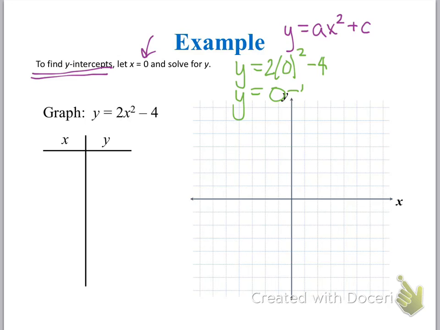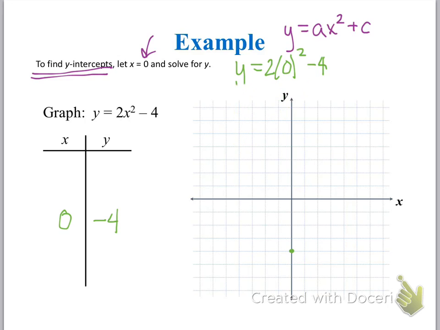Y equals 0 minus 4, so y is negative 4. So I know that when I have a 0 for x, it is negative 4. Okay? And that is a y-intercept, a place where it connects with the y-axis. So 0, negative 4 is going to be 1, 2, 3, 4 right there. That's the y-intercept.